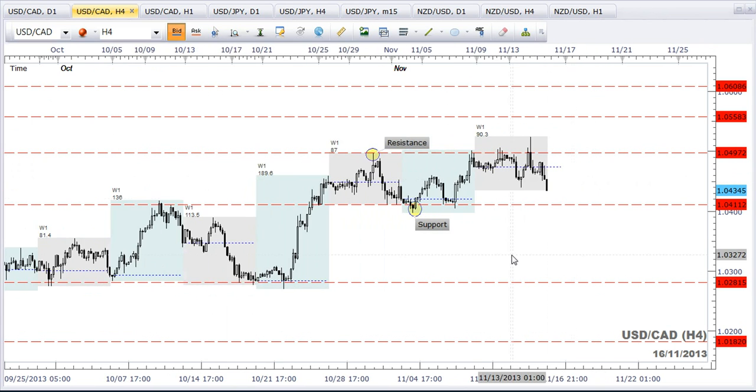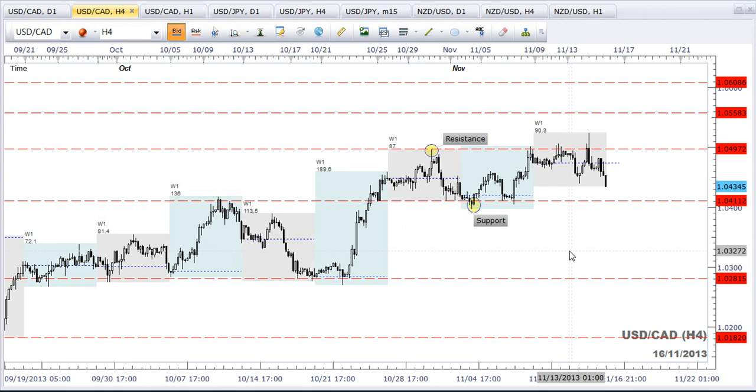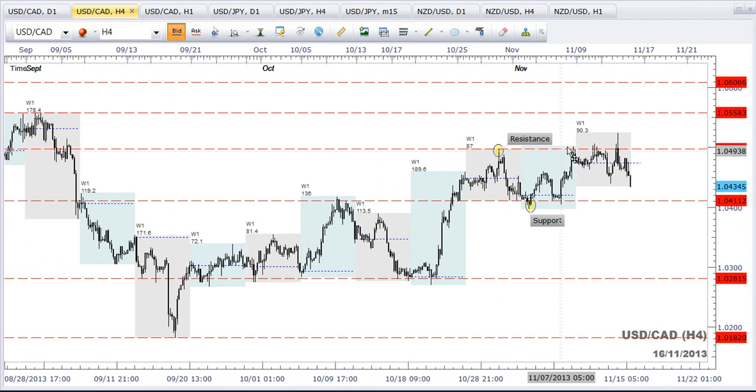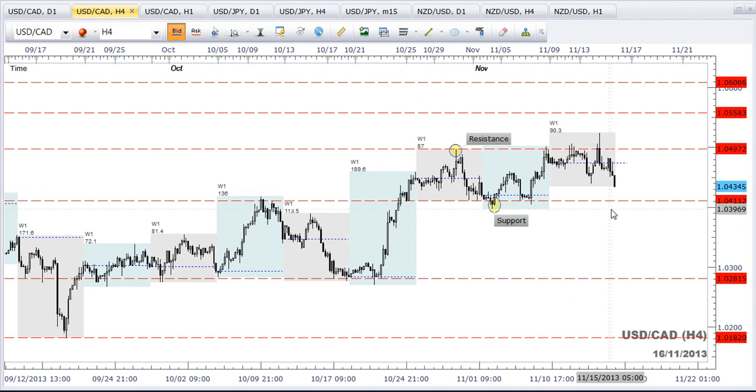So in the immediate, if price was going to continue its way up, it would need to break 104.97. Therefore, I could say 104.97 is a resistance, and be careful with taking any kind of long trades in the region. If I was to draw in a resistance region, it'd be something like that.